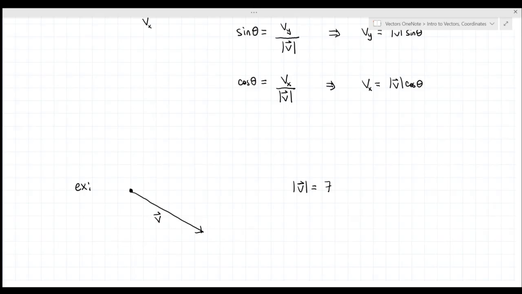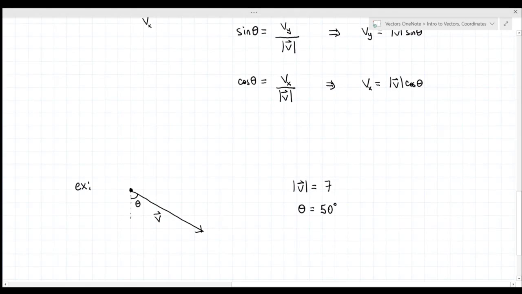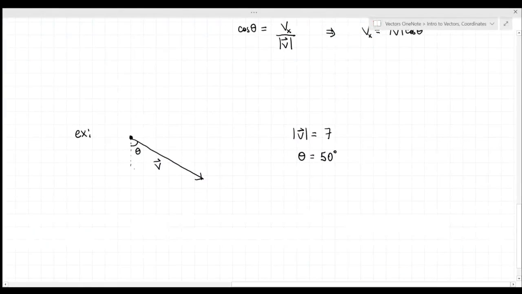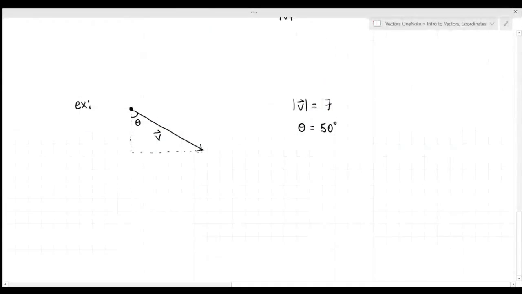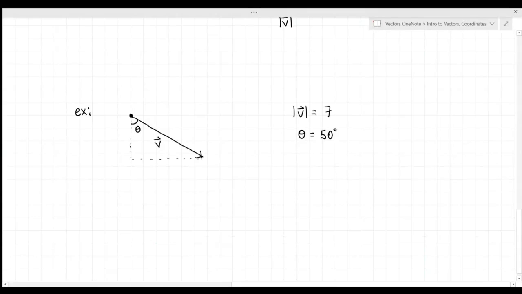And let's say that we are given this angle theta, and again I'll just make up a number for that. Let's say this angle theta was 60 degrees. Then we want to figure out the x and the y components of this vector v.